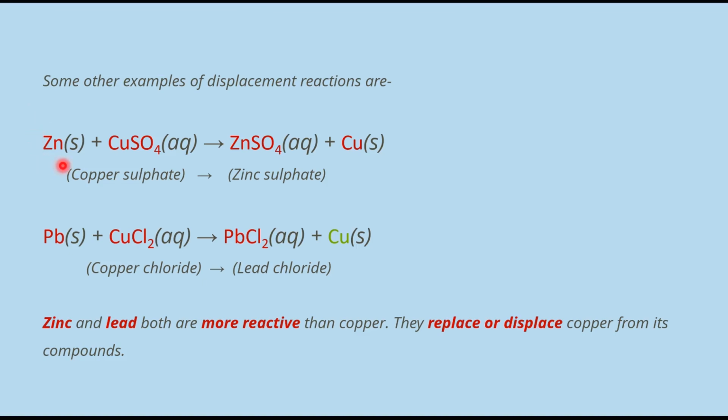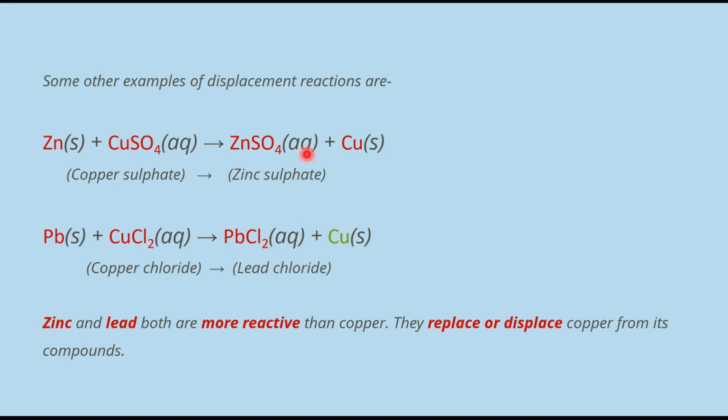Here, the metal zinc is made to react with copper sulfate solution. Zinc is more reactive and hence it displaces copper from the compound, and it forms zinc sulfate solution. In the second example, lead reacts with copper chloride and it results in the formation of lead chloride and displaced copper.